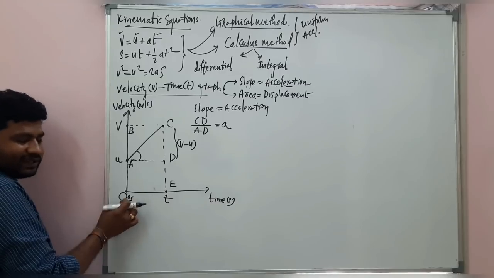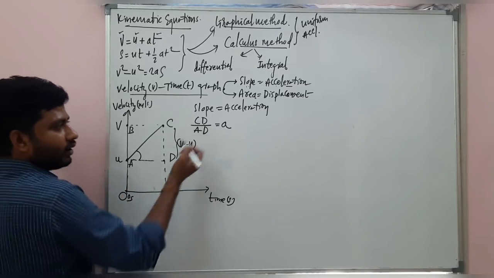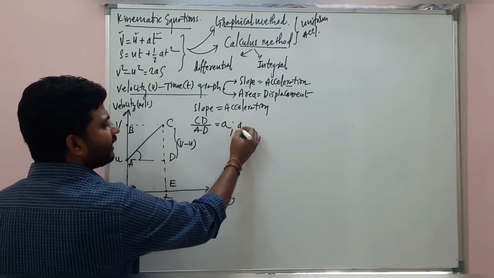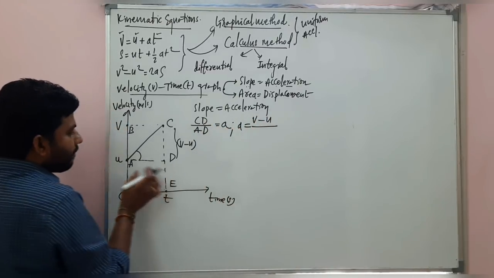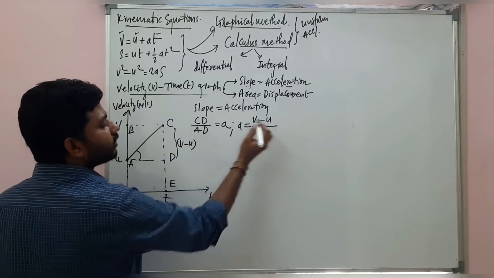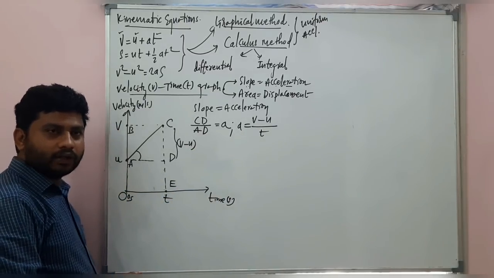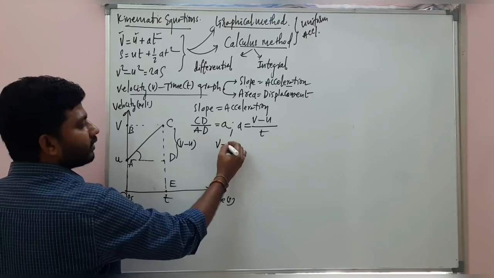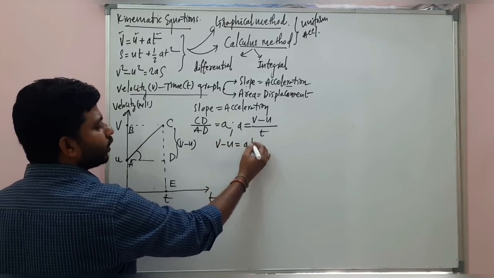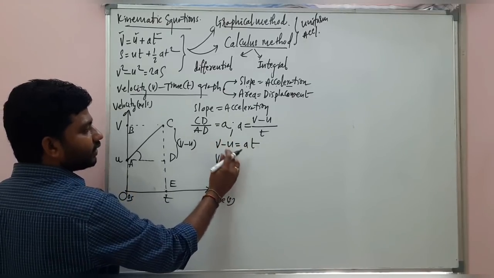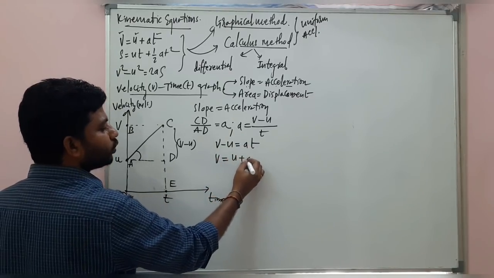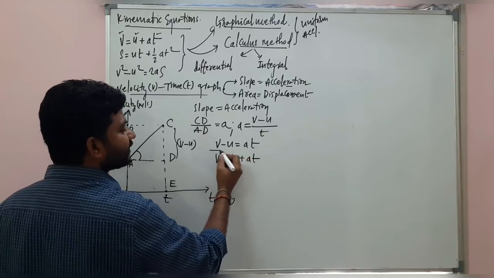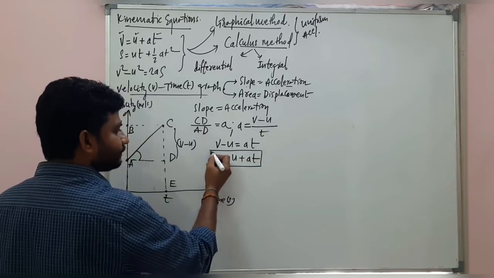T minus 0 seconds, it is T. So acceleration is equal to CD, which is V minus U, by AD, which is T minus 0, that is T. Right? Just cross multiply here. V minus U is equal to AT, and U goes to the other side and becomes plus U. V is equal to U plus AT, my dear students.